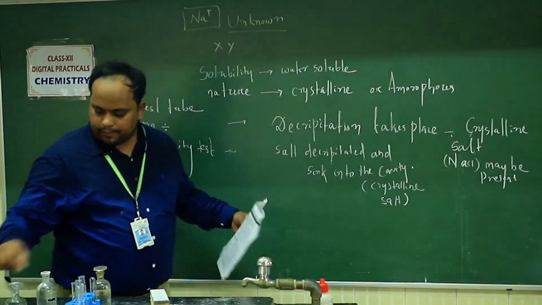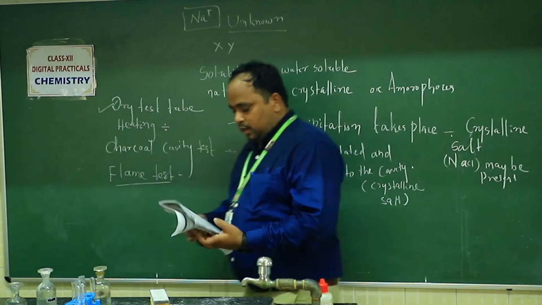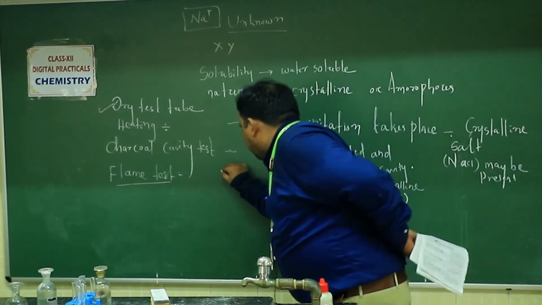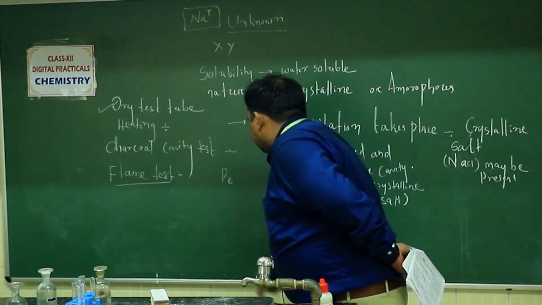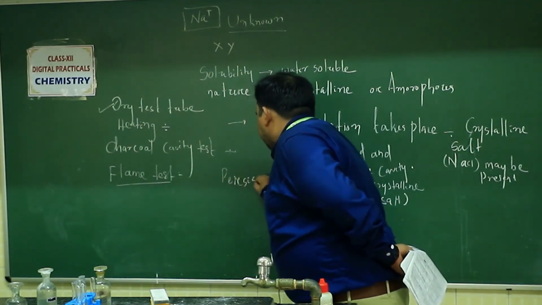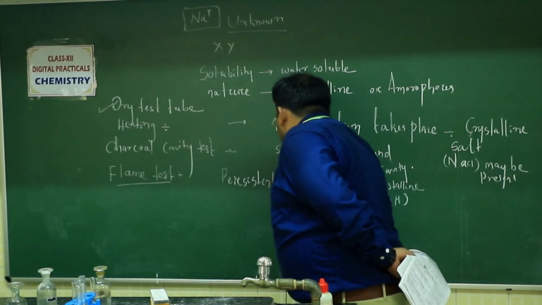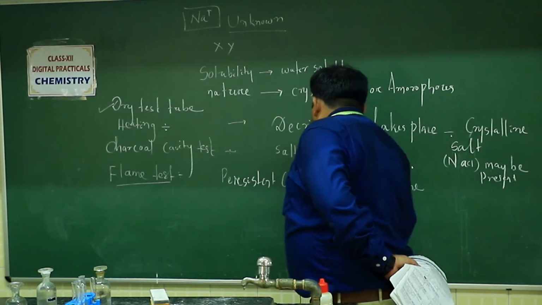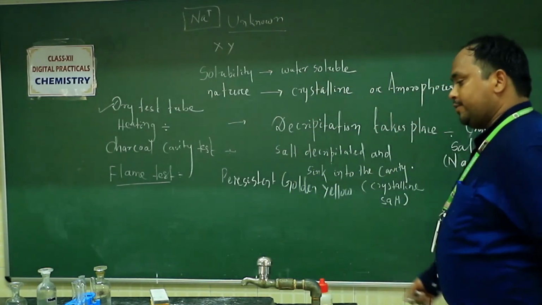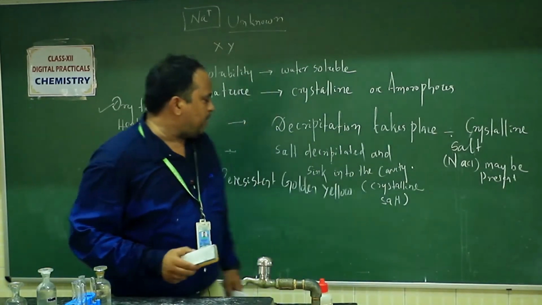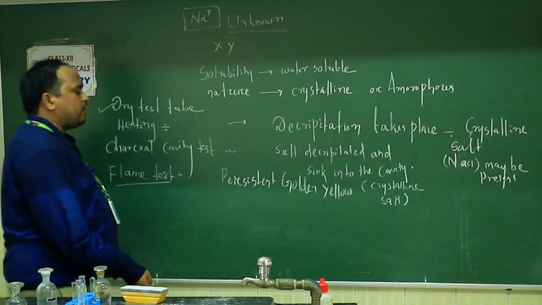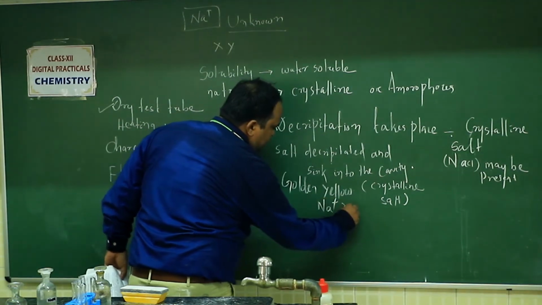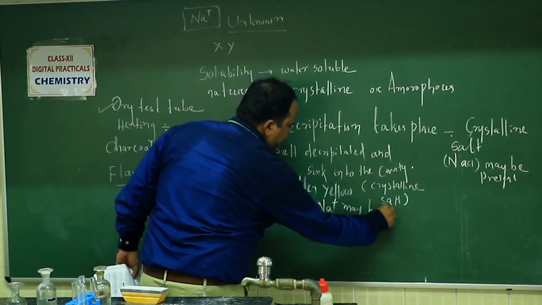In case of sodium you will get persistent golden yellow color, meaning continuous golden yellow color. Seeing this, it is not confirmed, but sodium may be present.